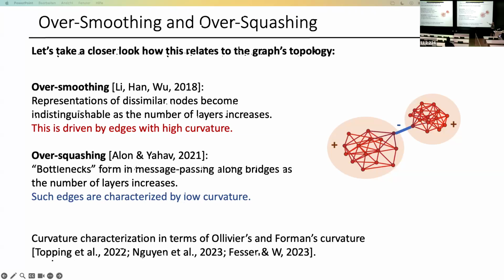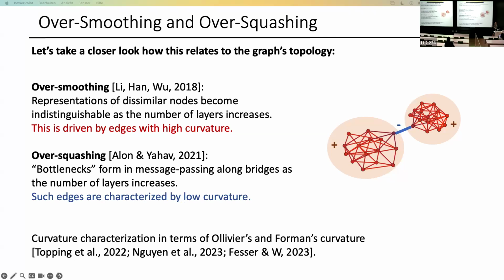So after a couple of layers, if we're in a very densely connected region, all the node embeddings will start to look very, very similar. Any initial differences, for instance in the node attributes at input, get lost at that point. That can be very challenging if the downstream task relies on capturing that information. So that's something that occurs in densely connected regions and as the network gets deeper.